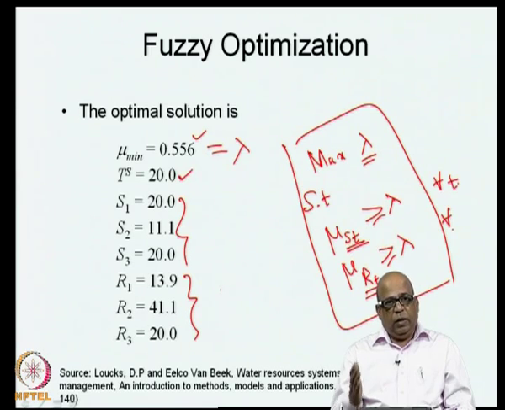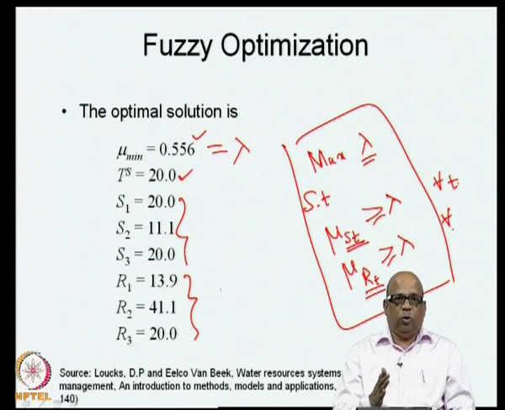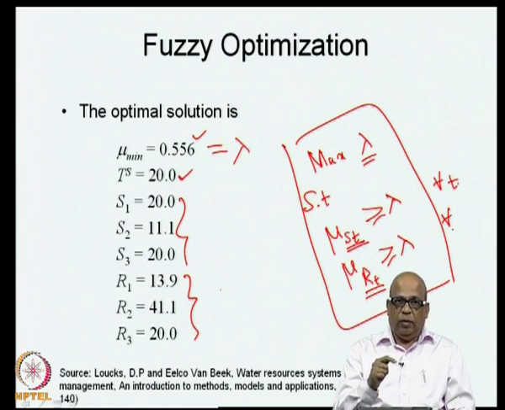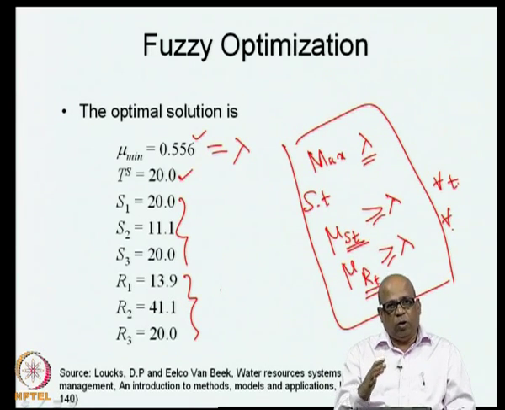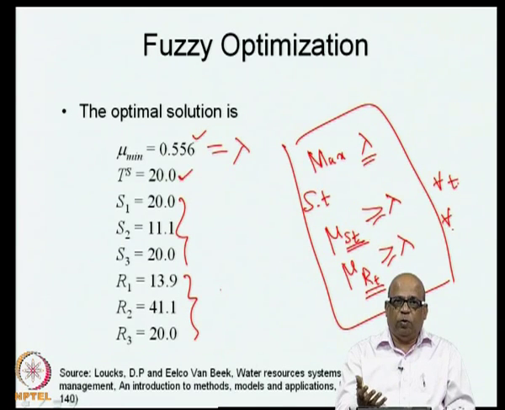When you are comparing the crisp solution with the fuzzy solution, you must keep in mind that the value of the objective function that you actually get here is not so important. What you should keep in mind is that you have been able to impart flexibility into the solution, and therefore, the solutions are more realistic.